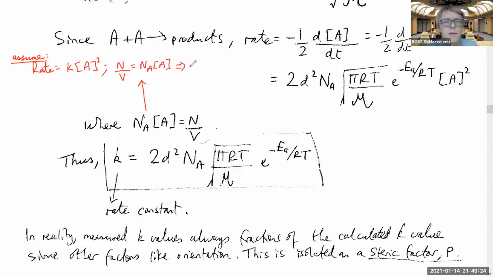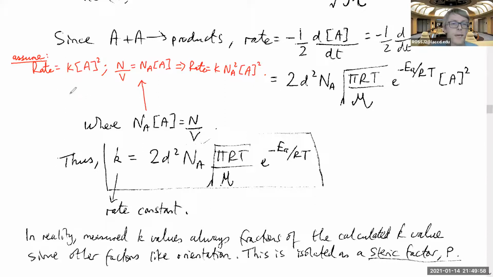Then this implies that rate is k, and then A squared is our N over V squared, which is just N_A squared A squared. So we've got k N_A squared A squared.